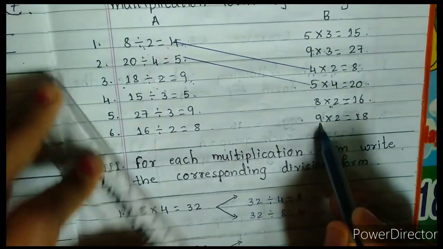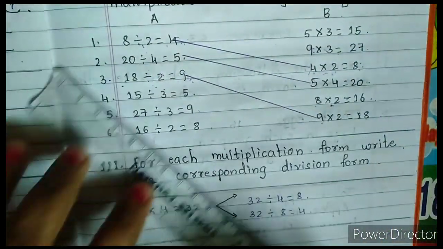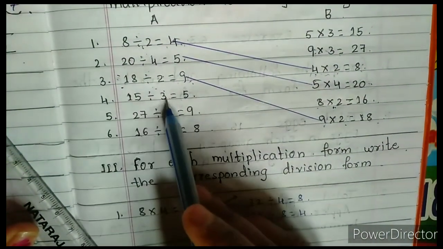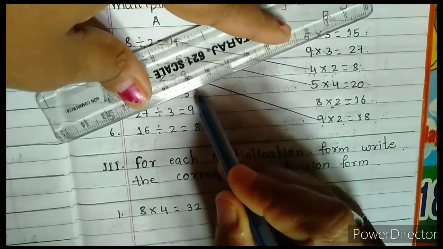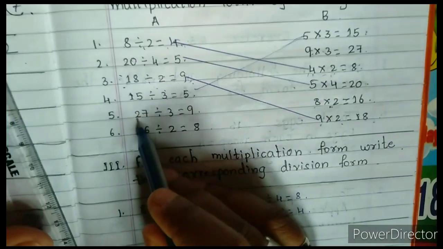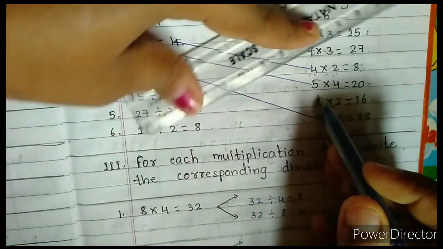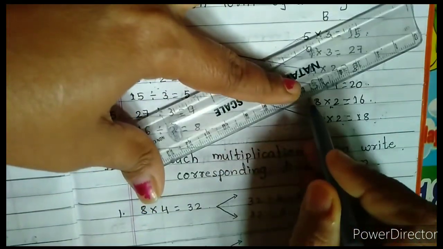So we'll go to the other 9. So this has the numbers which this A column has. 9 2 18, 18 2 9. 15 3 5. So I'll go to 15. So I'll match this. 27 divided by 3 equals to 9. Yes, I got 27. So directly match. So which is remaining now? The last one.